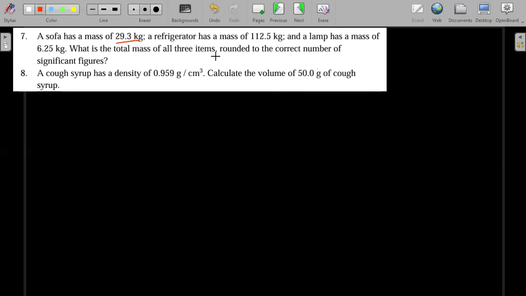What is the total mass of all the 3 items rounded off to the correct number of significant figures? So here we're just adding 29.3 to 112.5 plus 6.25.